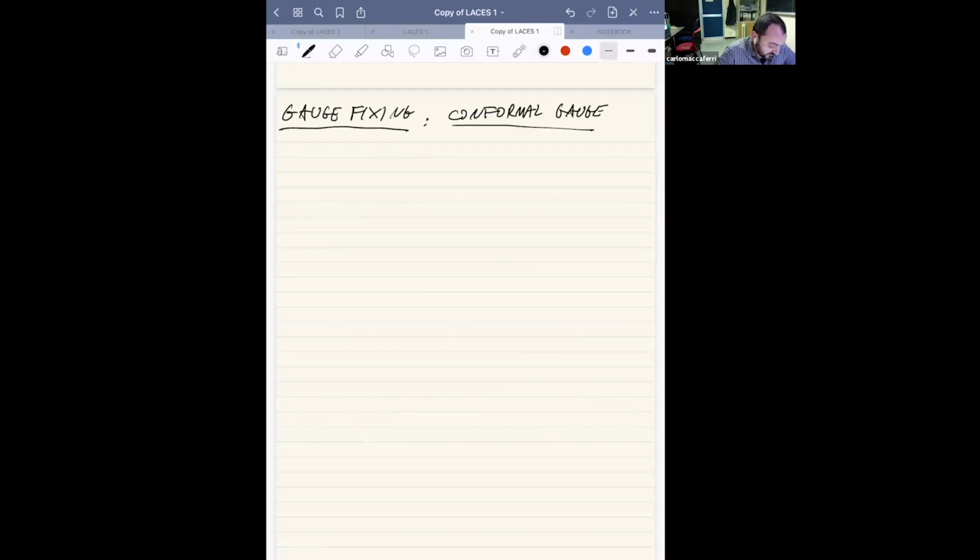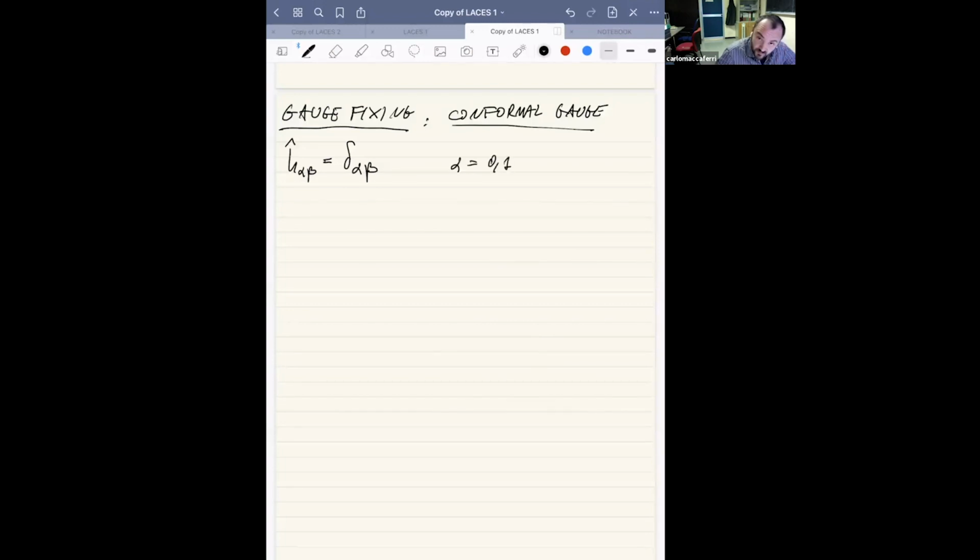So what is the conformal gauge? It's very simple. Essentially it boils down to choosing for my fiducial metric h hat alpha beta equal to delta alpha beta, where alpha is equal to 0 and 1.